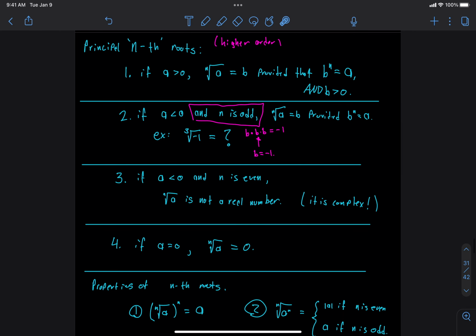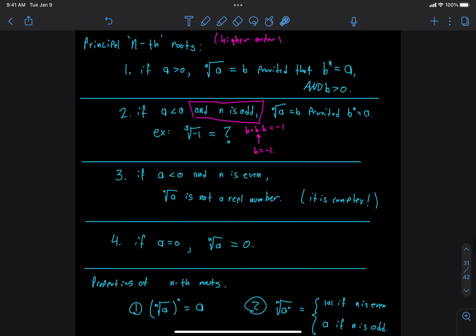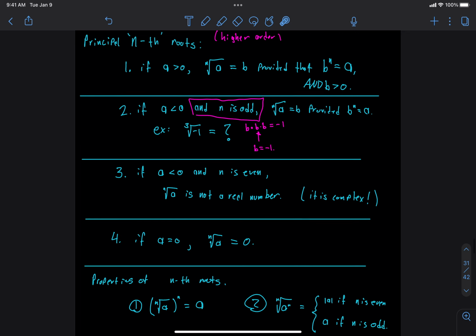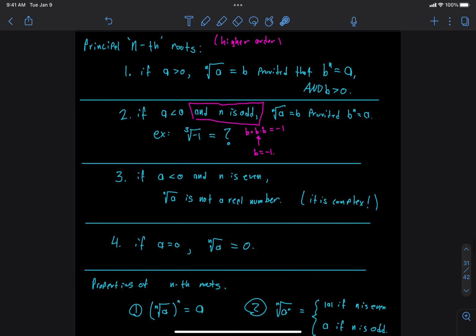Then we talked about nth roots, or higher order roots. So we want numbers such that if we multiply them together n times, so n could be like 5 or 6 or something like that, then we get a. So an nth root is a number such that if I take that number to the power n, I get back a. And the only tricky thing about nth roots is there's a big difference between odd roots and even roots.